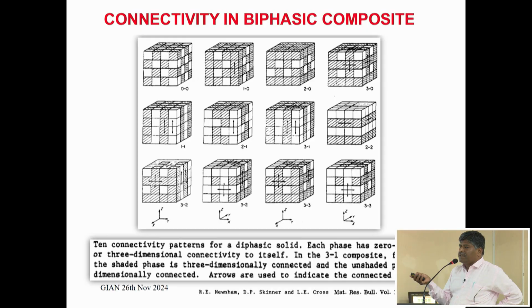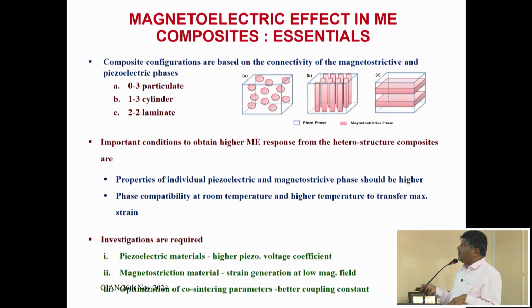So, connectivity in these composites is a very important aspect, and depending upon the consideration of the individuals, you can have different kinds of connectivity. These are typical pictures which give you different kinds of connectivity. Again, Sir's paper has a mention of these kinds of connectivity. You can have different kinds of structure with phase 1 and phase 2. Like, these particles are well dispersed, not connected with each other, and this is the matrix of some phase B, and these particles are phase A, let us say.